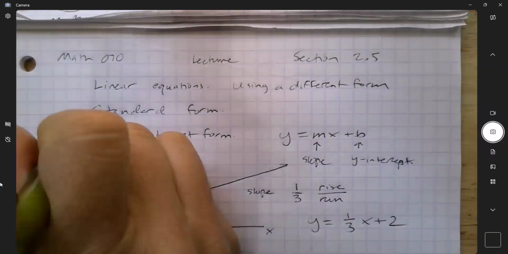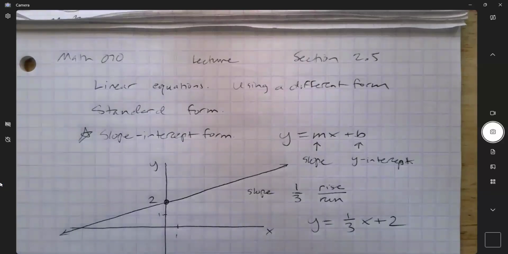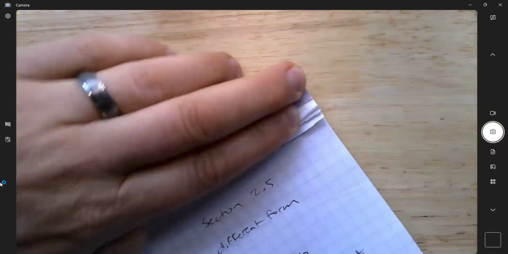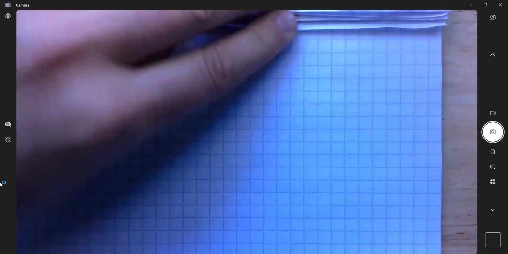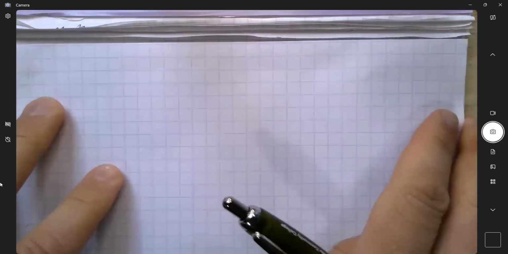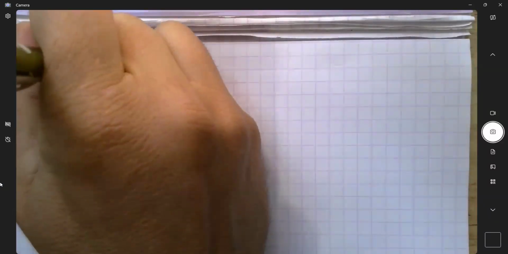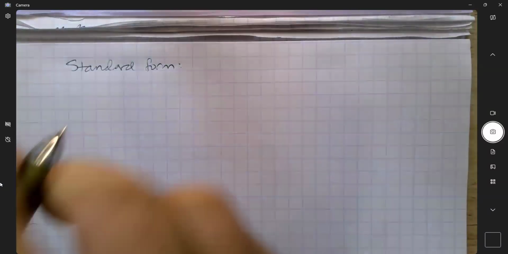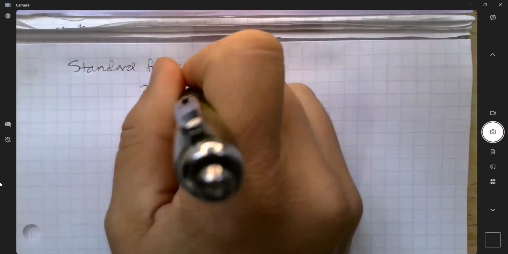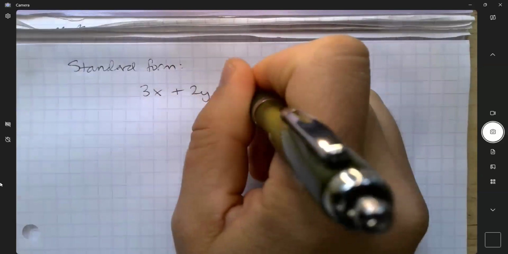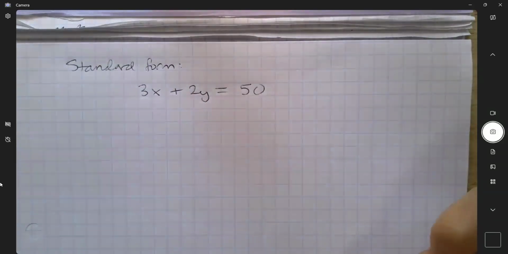So I recommend slope-intercept form when you can, but sometimes you're going to find you're working with standard form instead. But let me introduce standard form to you with a couple of different examples. The standard form for lines might look something like 3x plus 2y equals 50, for example.